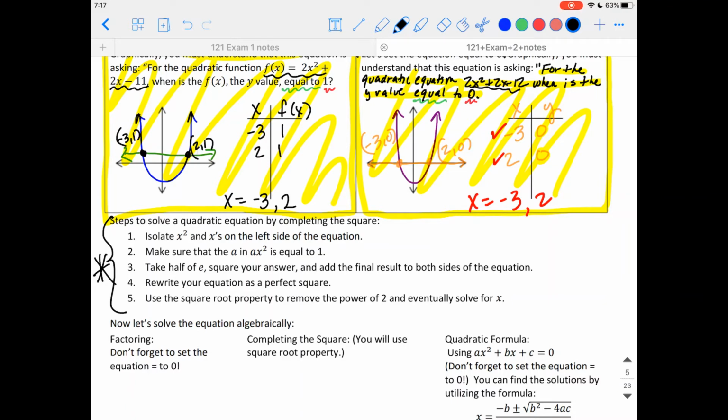So, steps to solve a quadratic equation by completing the square. If you go back to the other notes, let me read these. Number 1 says, isolate x squared and x's on the left side of the equation.